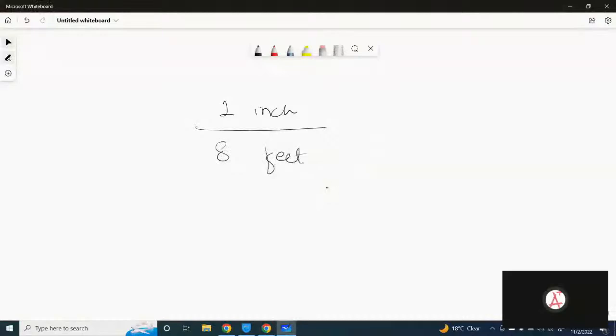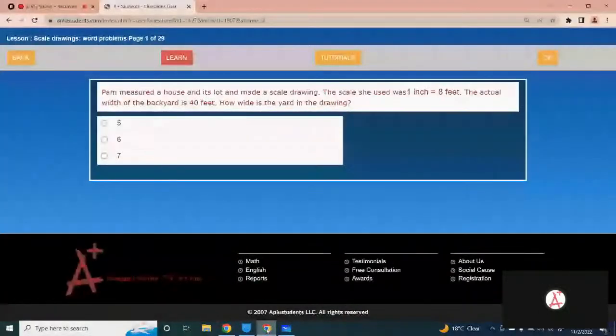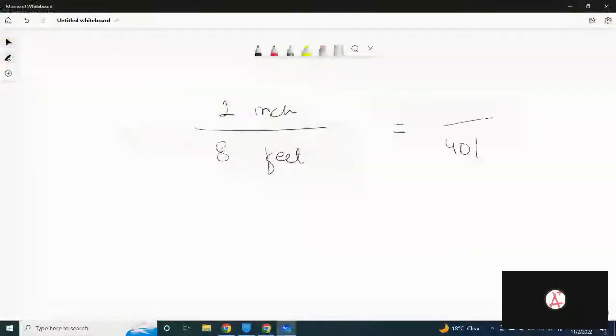Basically, they are exactly the same as what we did on equivalent ratios. You have to find the equivalent ratios. Got it? So the actual width of the backyard is 40 feet. How wide is the yard in the drawing? So you need to find 8 times what number makes 40. 8 times 5 makes 40.